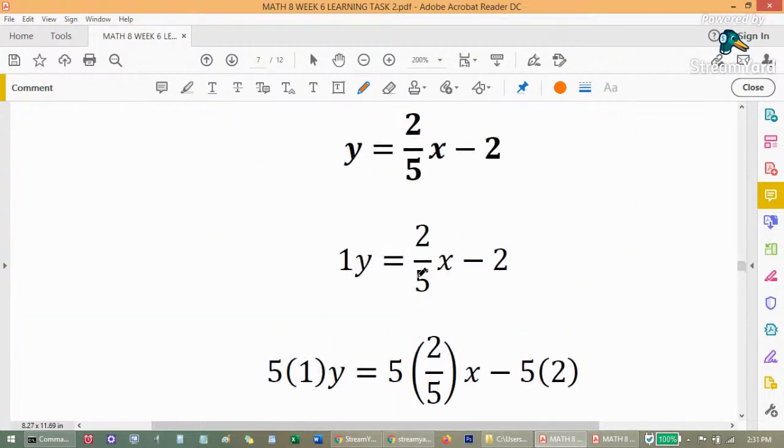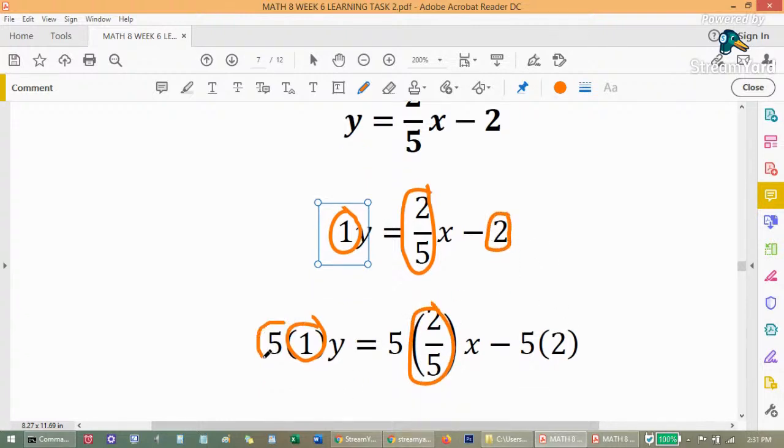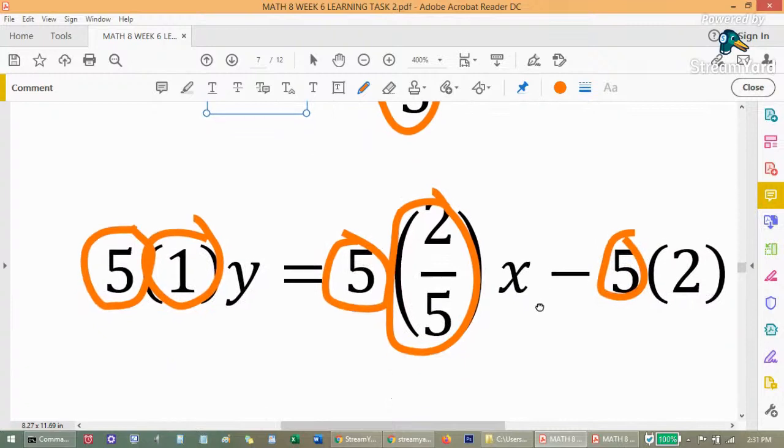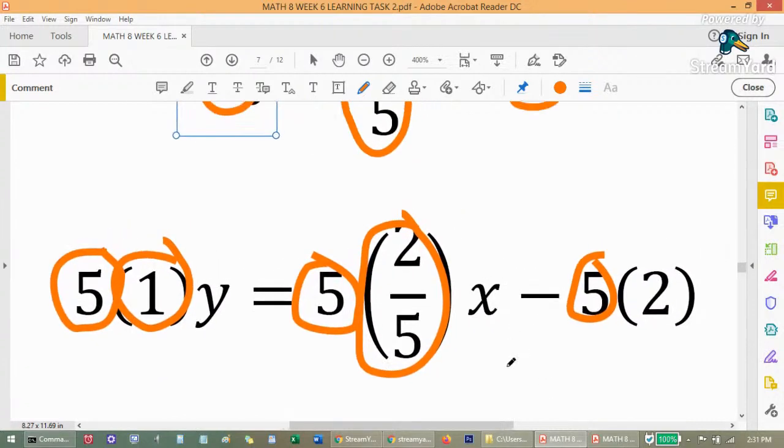So, ang ginawa lang dyan is una, naglagay tayo ng 1 sa y. Okay? And then, lahat ng coefficient natin, yung 1, yung 2/5, at saka yung 2, lahat sila ay minultiply natin ng 5.